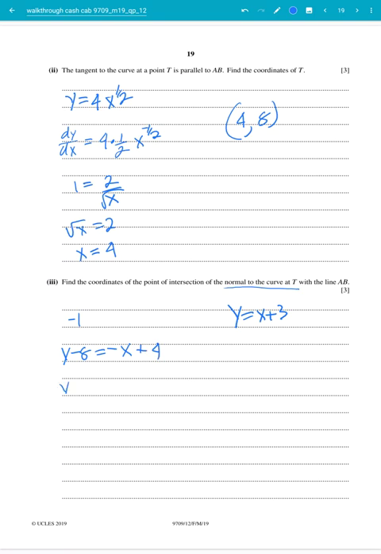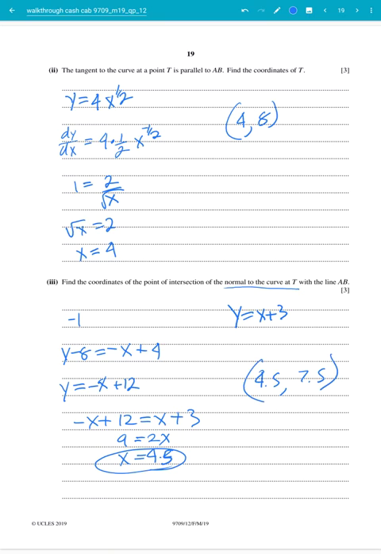So y equals negative x plus 12. So we get negative x plus 12 equals x plus 3. So 9 equals 2x. x equals 4.5. So we plug that back into any of them. So it's 4.5 comma 7.5 is the solution to that one.